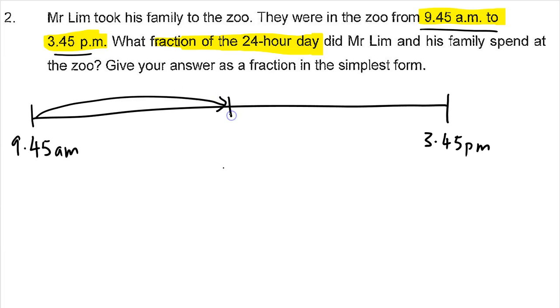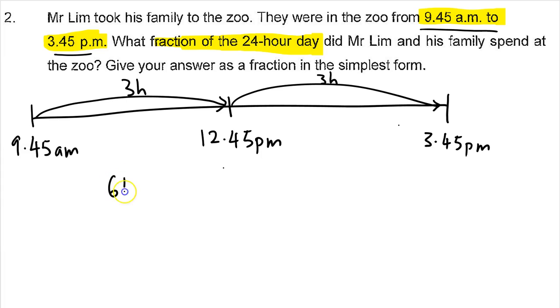Now for me, I would like to just save time and jump straight to the afternoon. From 9:45 to 12:45, that's a total of 3 hours. And from 12 all the way to 3, that's another 3 hours. So a total of 6 hours was spent in the zoo.